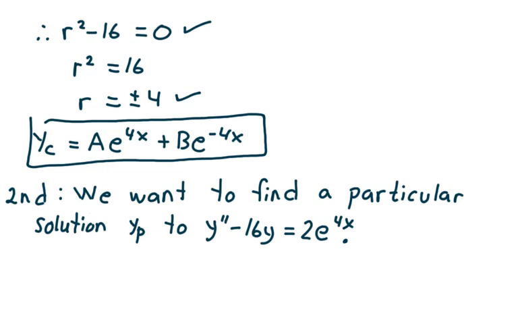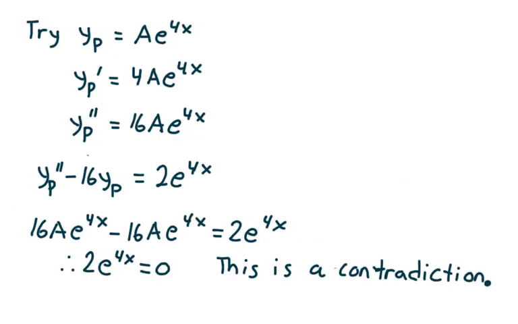In the second step, we want to find a particular solution y sub p to y double prime minus 16y equal to 2e to the 4x. Well, let's try y sub p equals ae to the 4x. Now, let's take the first and second derivative. So y sub p prime is 4a e to the 4x, and y sub p double prime is 16a e to the 4x.